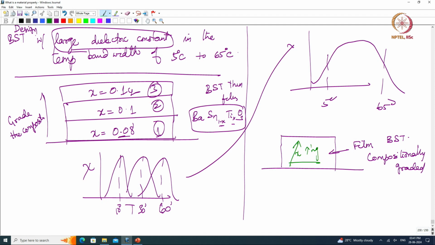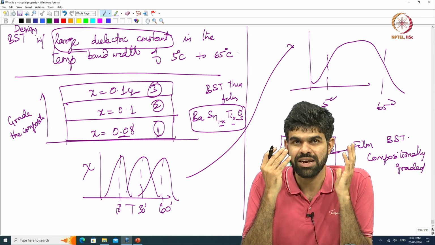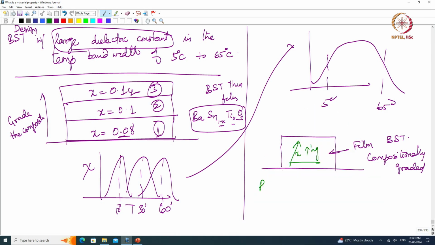It turns out that this compositional grading, you can create with material growth techniques available now, such as pulsed laser deposition, molecular beam epitaxy, and other techniques such as sputtering.